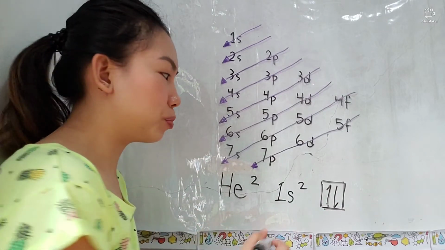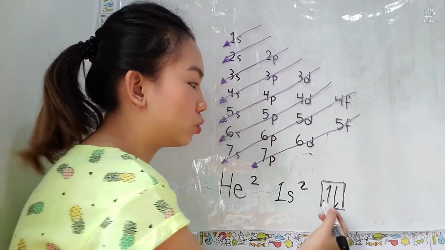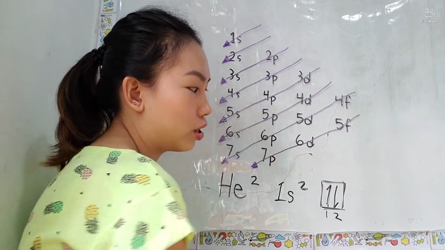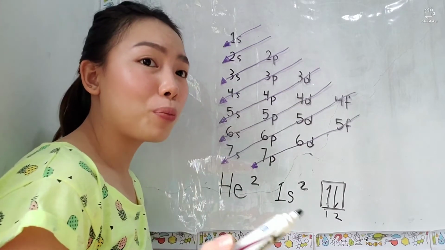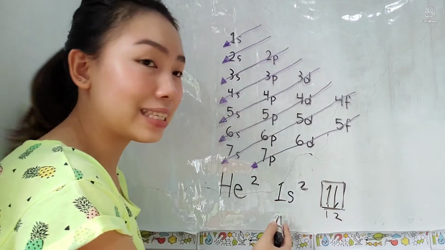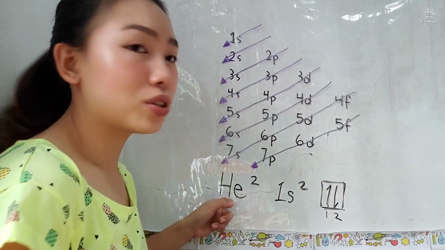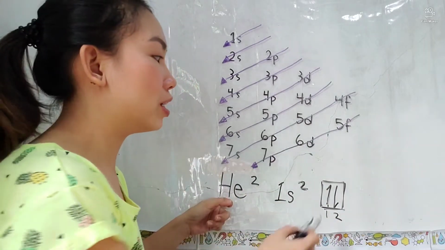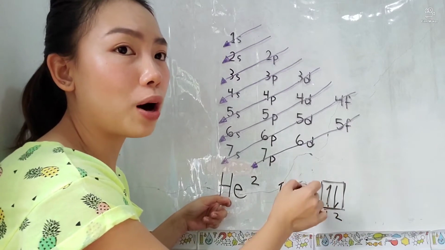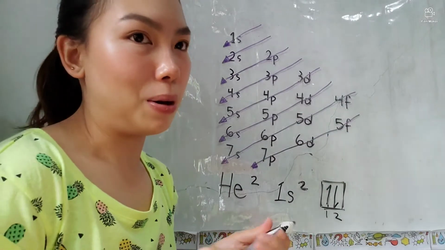And that one box represents the number 2. Since dalawa lang yung kaya niyang i-hold, this is 1 and this is 2. So, yan yung number of electrons inside the box for the S subshell. So, yung box natin para dito sa helium is as simple as one box with one arrow up and one arrow down. What if naman mas mahaba pa?